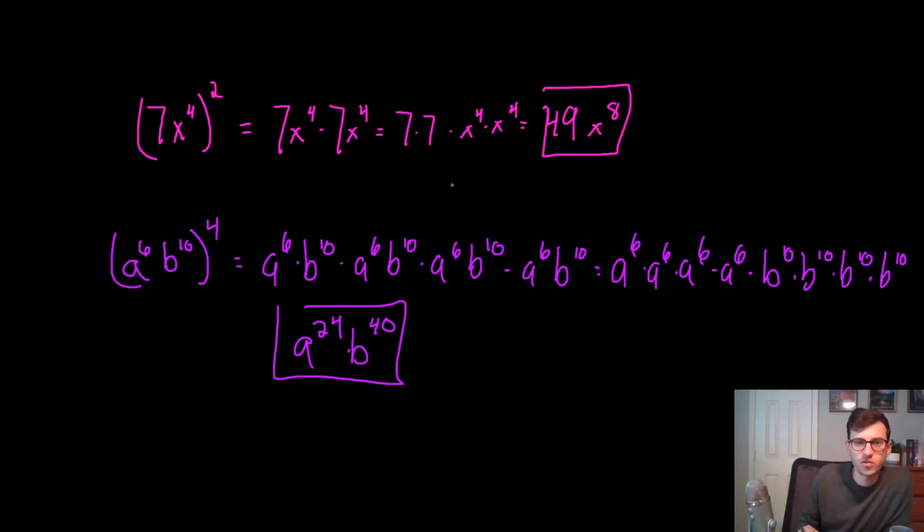X to the 4th squared is x to the 8th. A to the 6th to the 4th, 6 times 4 is 24. 10 times 4 is 40 for b to the 40th. So instead of writing all of this out, you can just multiply each exponent by whatever exponent you have on the outside.